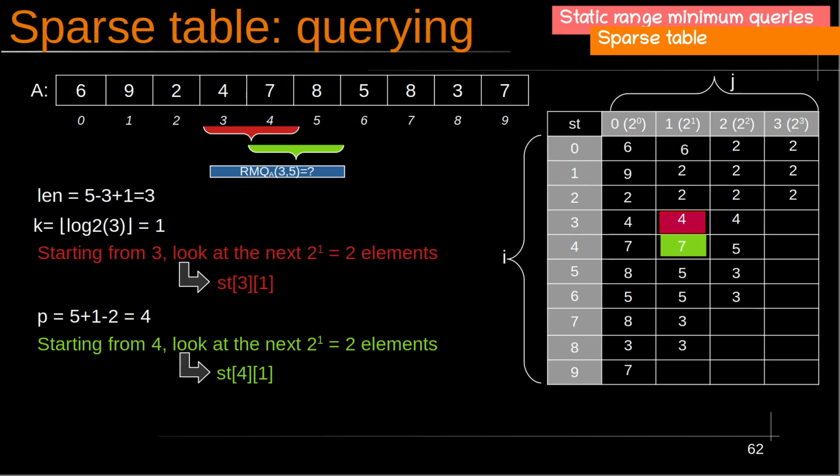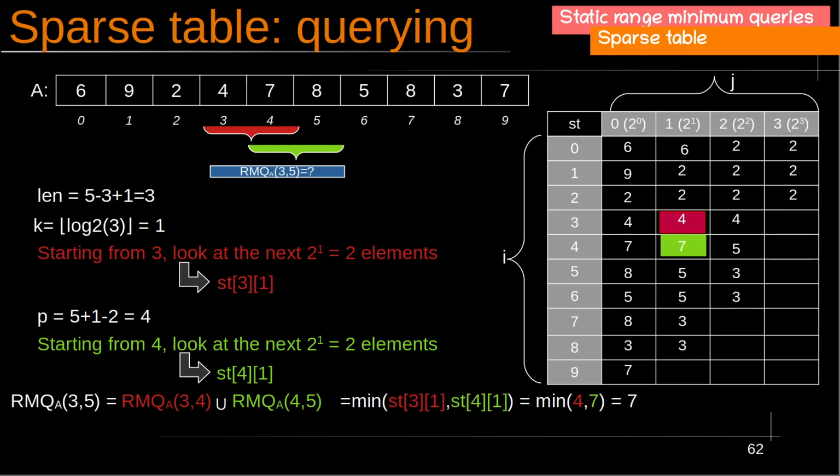So the minimum on the range 3 to 5 on the original array is the minimum from 3 to 4 combined with the minimum from 4 to 5. So we divided 3 to 5 into 2 sub-ranges, 3 to 4 and 4 to 5.